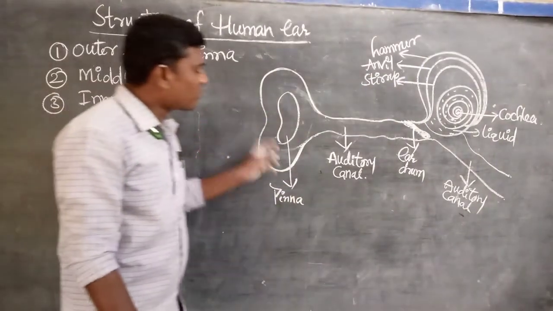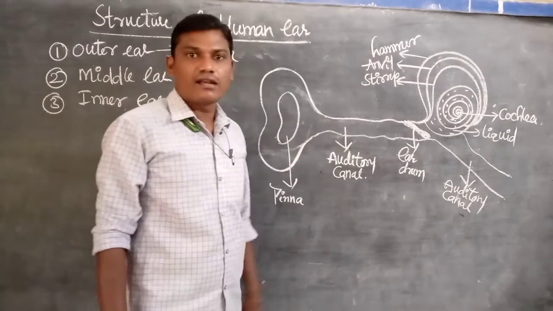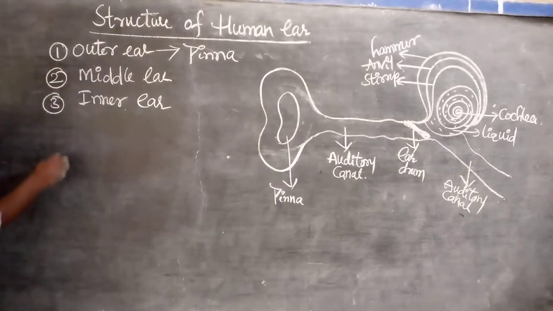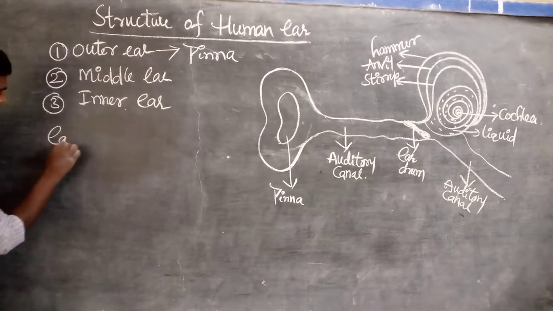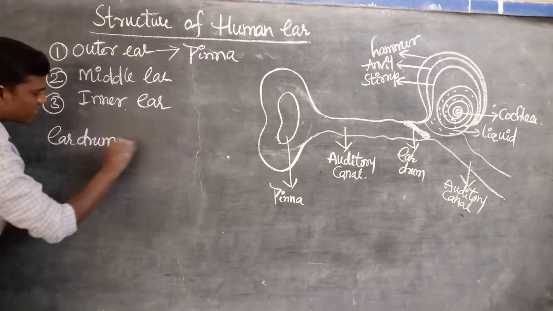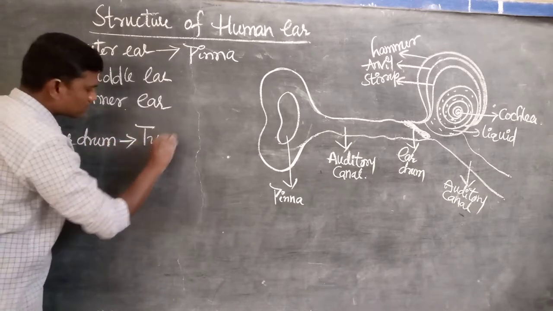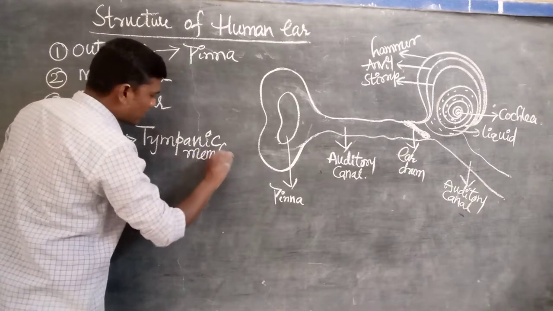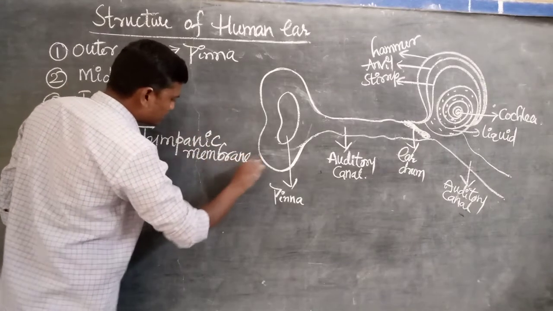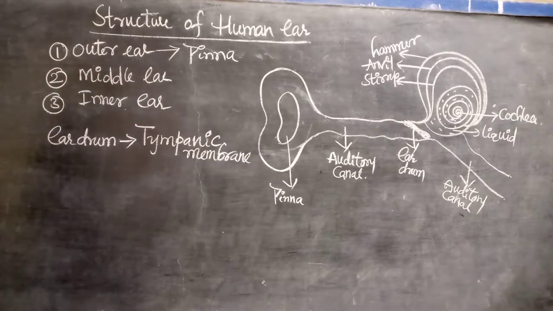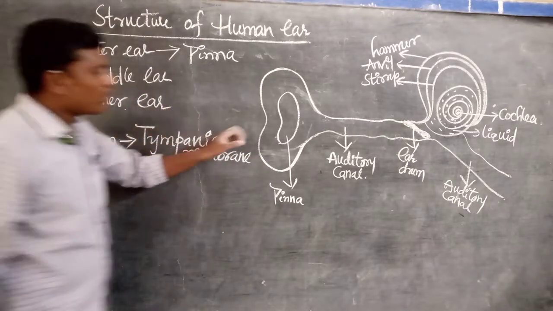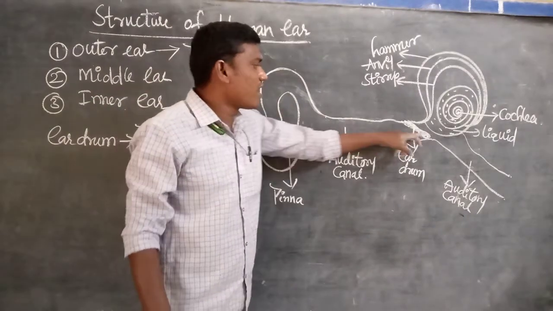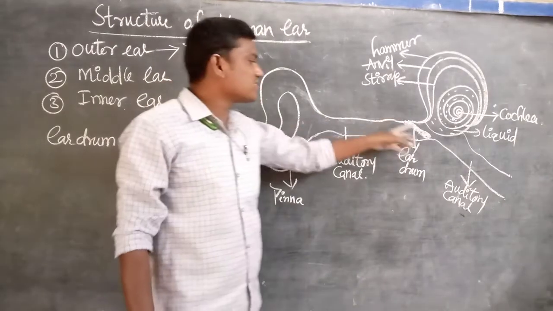After that, this sound passes through the canal and reaches the eardrum. The eardrum is called the tympanic membrane. When the sounds are received, they pass through the canal and reach the eardrum.